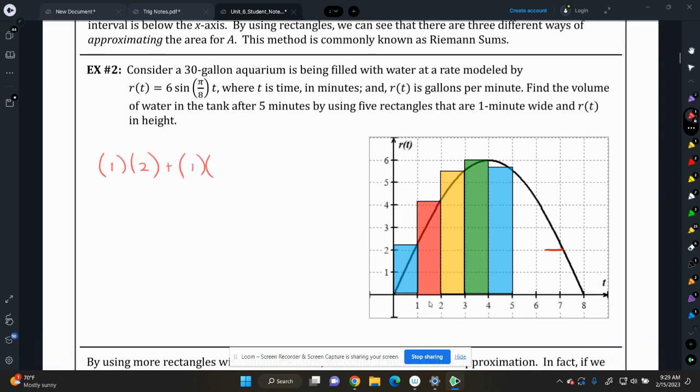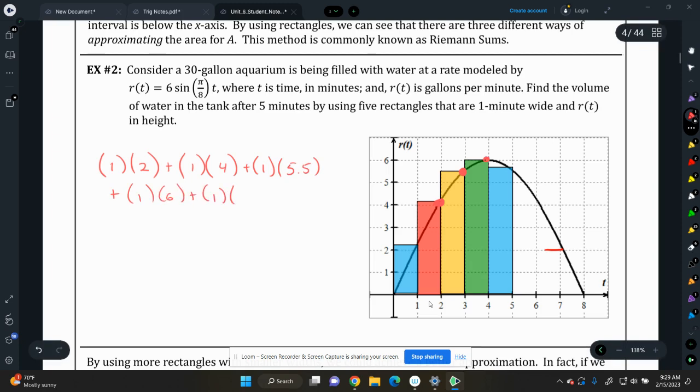And the height, we're looking where it intersects the curve. The height is 4. Plus 1 times, we're looking at the yellow one right there, the height looks like 5.5. Plus 1, it's intersecting the curve right here at 6. Plus 1 times, looks like maybe 5.75.